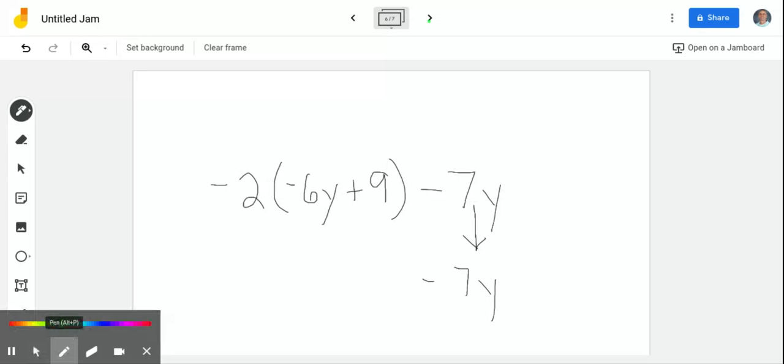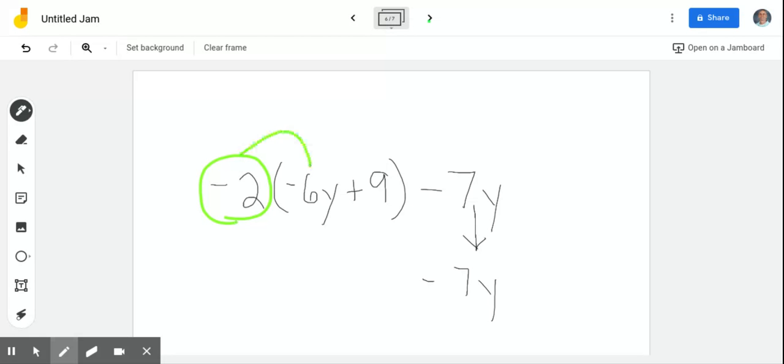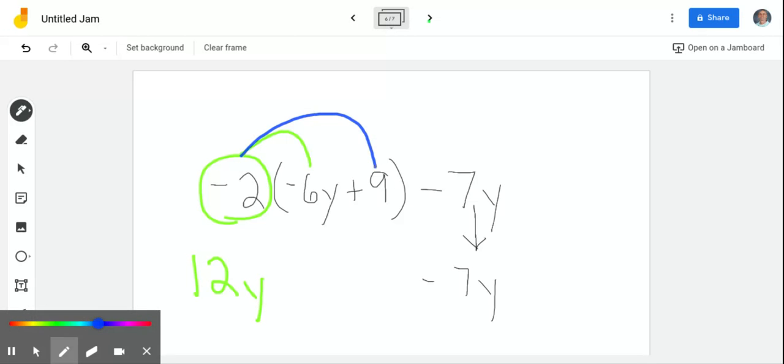The negative 2 right here is the one up against the parentheses that we have to distribute. So first things first, negative 2 times negative 6 is going to give us positive 12. Bring the y down. And then we got negative 2 times positive 9, which is negative 18.